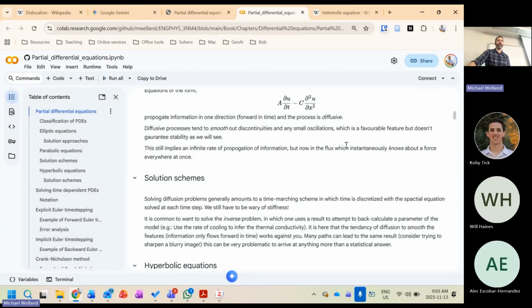Typically what's going to be happening is that you're going to smooth out any kind of discontinuities. So if you have diffusion, you start off with a spike, and what you're going to get is this kind of smoothing behavior, which is very nice.